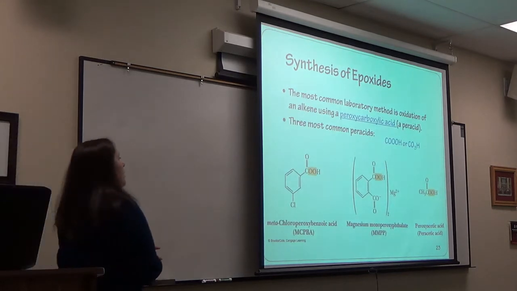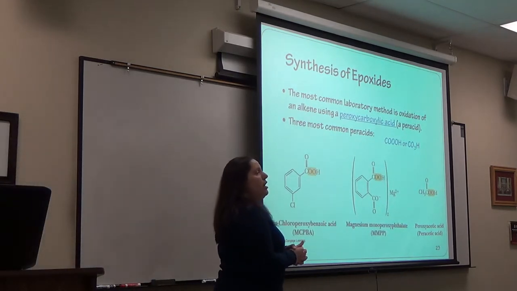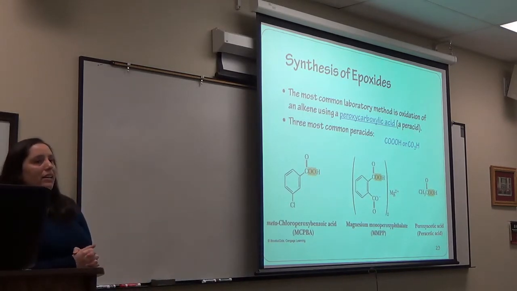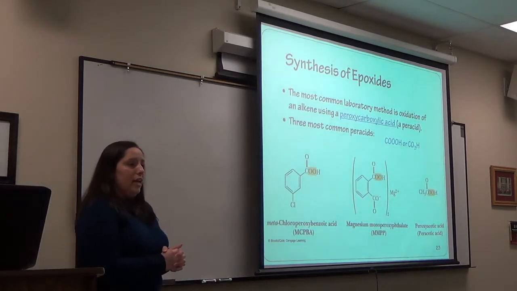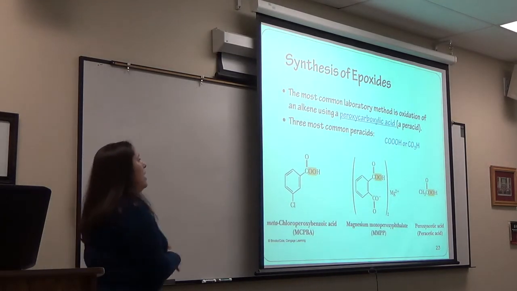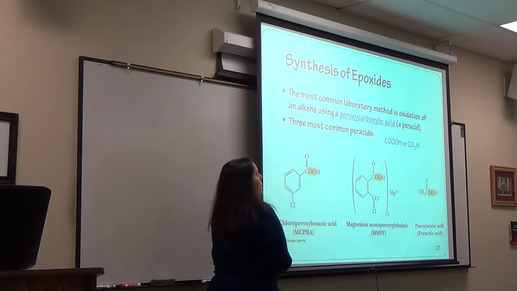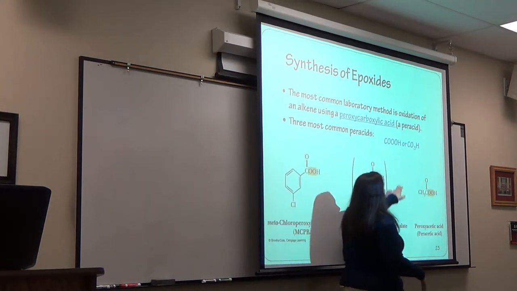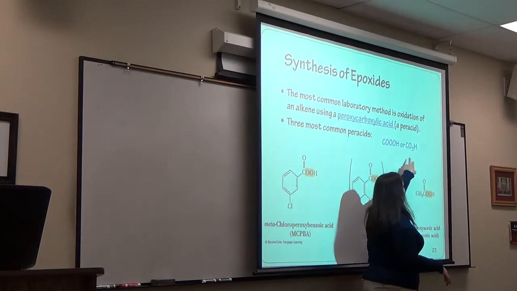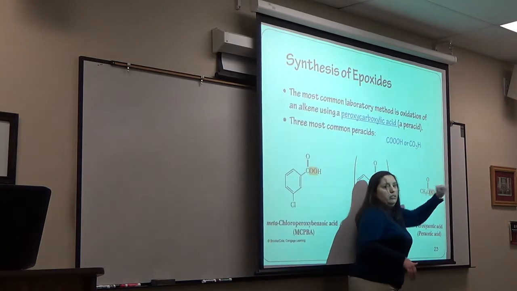But this is probably the more common method, and it uses a peroxycarboxylic acid. So we know that a carboxylic acid is COOH, so it's a carbon, 2 oxygens, and a hydrogen. The peroxycarboxylic acid has 3 oxygens. It's COOH, or CO3H for short, okay?